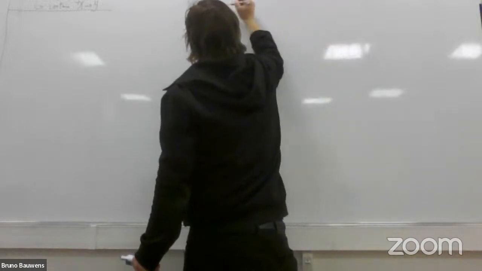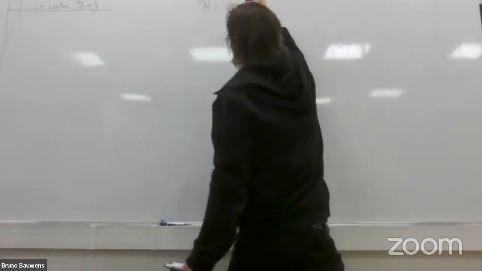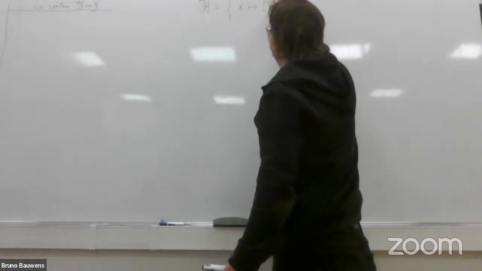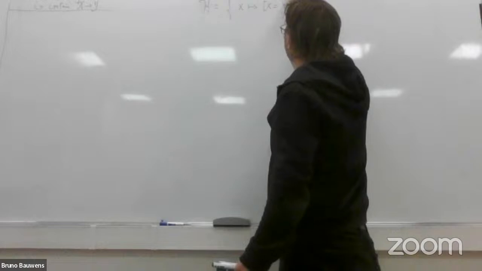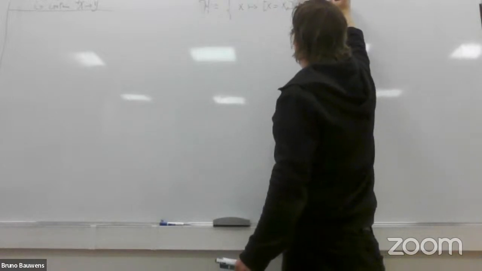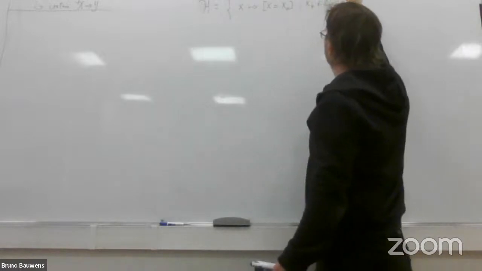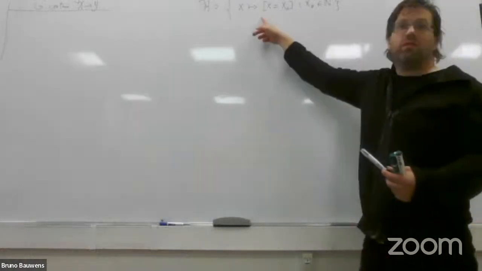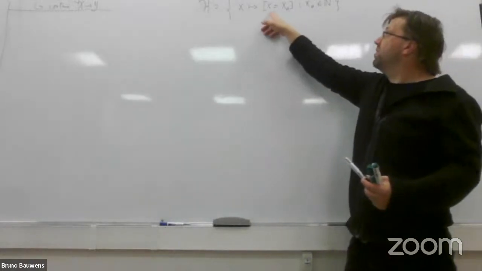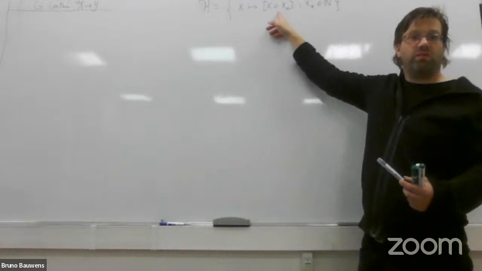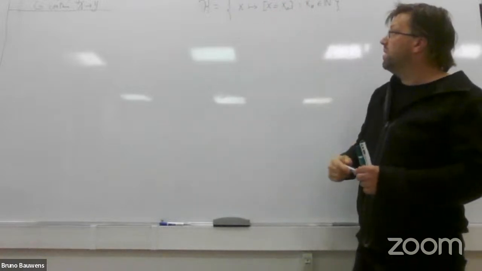H is equal to the set of all functions mapping X to the indicator of x equal to some point x0, where x0 is in X. So just an indicator function on a singleton. This indicator function evaluates to 1 if the condition is true, otherwise it evaluates to 0. We've probably seen it already.